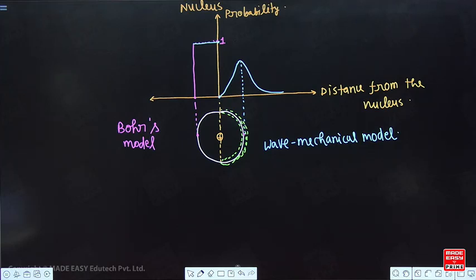In other words, position is described by a probability distribution, or electron cloud.